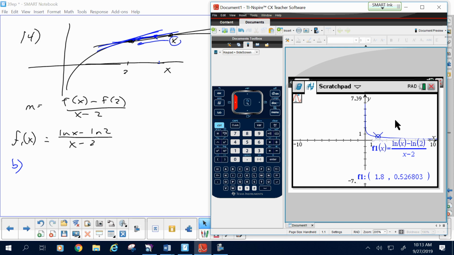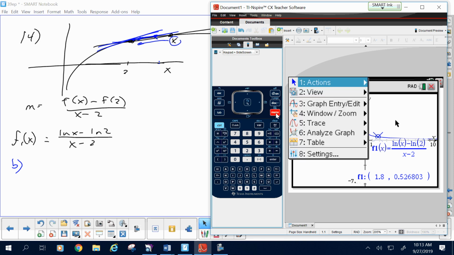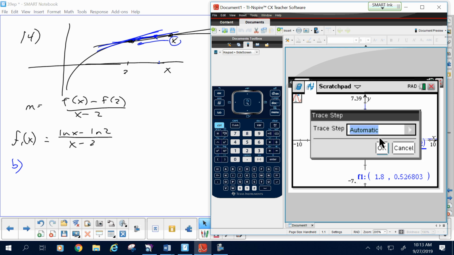Now you can see that it depends on each calculator, my trace is going by 0.3 each time. I have no idea why that is. If you don't like that, or if it's too big, then you can go back to trace and change your trace step to more like 0.1 or something smaller, 0.05, whatever.